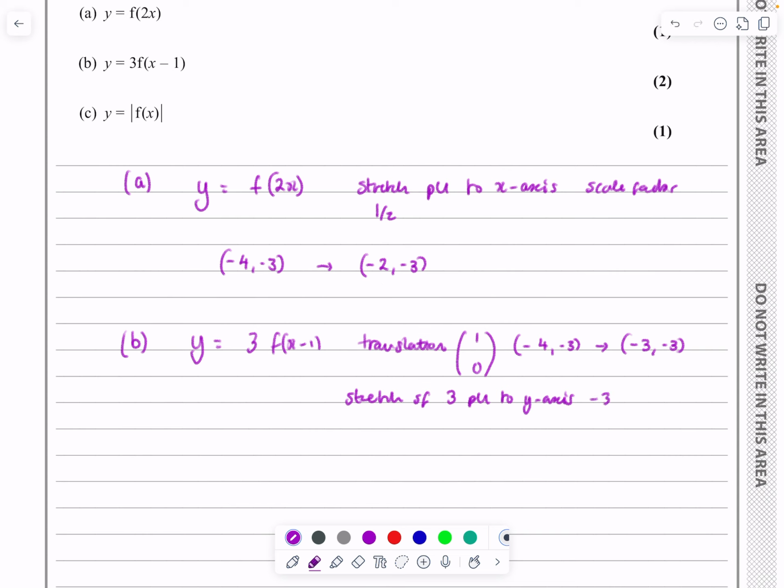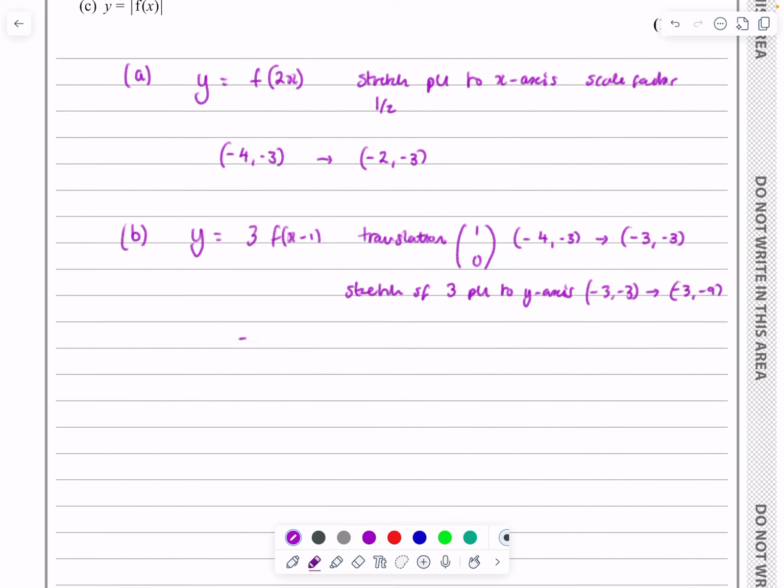So the (-3, -3), if we stretch that parallel to the y-axis, is going to be (-3, -9). So our actual answer for this one is (-4, -3) will go to (-3, -9). So there's the first one done. There's the second one done.